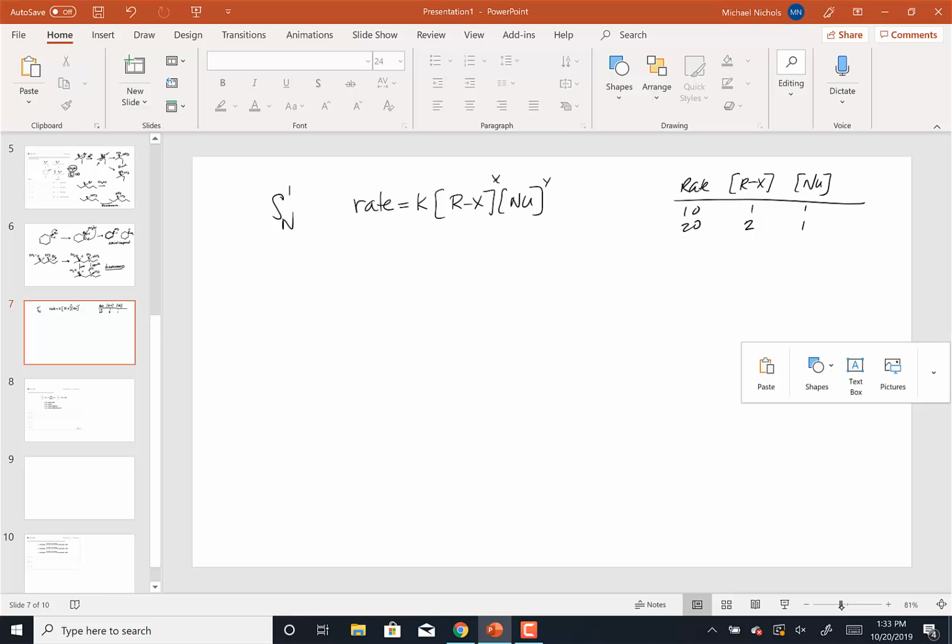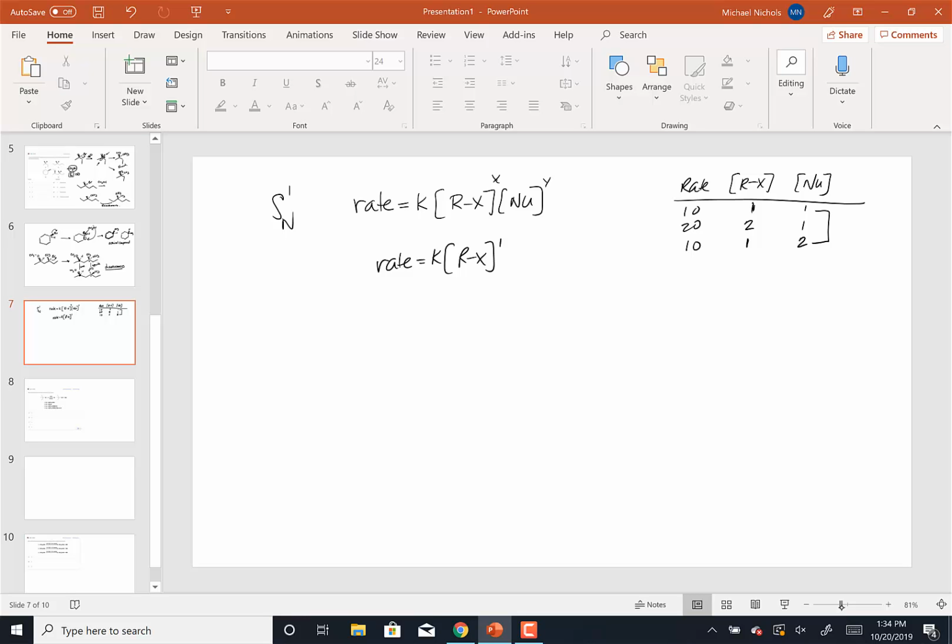And so the overall rate equation would equal k times the concentration of alkyl halide to the first power. Then they decided to hold the concentration of the alkyl halide, but double the concentration of nucleophile. Comparing these two experiments, they found that the rate didn't change.